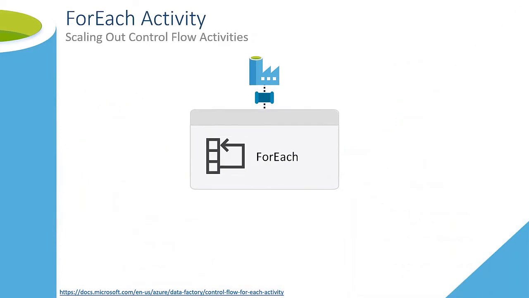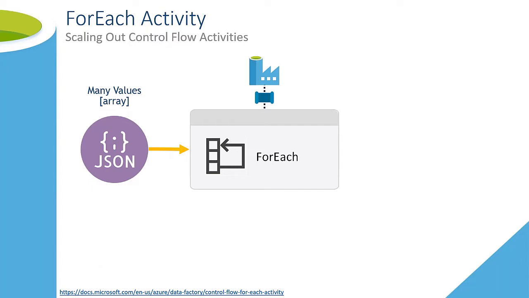Next, the ForEach activity. So the ForEach activity, hopefully we're familiar with this kind of looping type scenario, but we can, as I've put in my subtitle, allow Data Factory to scale out here, which could be useful. And our ForEach activity, as you would probably expect, will take in an array.